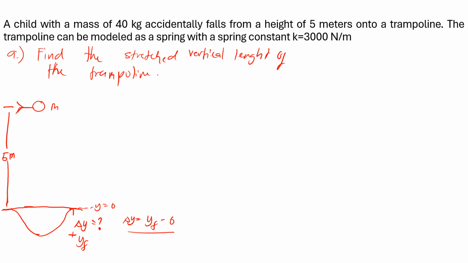So we can label this point here as point A, and this point here as point B. Take note that we have KA plus UA, that should be equal to KB plus UB.